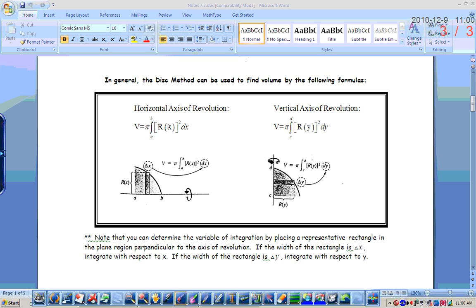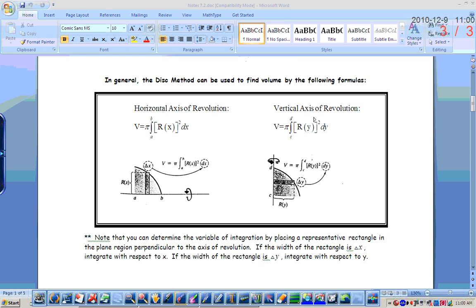The length of that radius is still going to be the top minus the bottom curve. I pulled the pi out in front because I like the coefficients to be out in front. Now, that's if you're rotating around a horizontal axis of revolution. If you're rotating around a vertical axis of revolution, then the length of r is going to be the right side minus the left side, and the thickness would be dy, so you're having to integrate with respect to y.